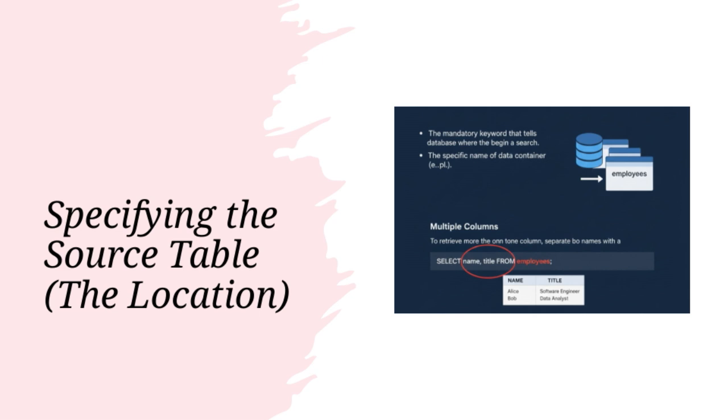It also helps us avoid any confusion or errors down the line. As we build queries or reports, clearly specifying the source table is the first step towards getting reliable results. Remember, this step ties into the overall theme of data accuracy and integrity, because knowing the exact location of our data helps us maintain consistency and trust in our work. So, always double-check which table you're referencing to keep everything precise and on point.